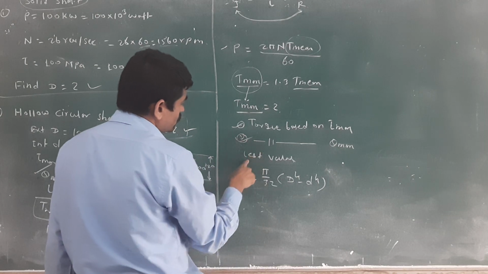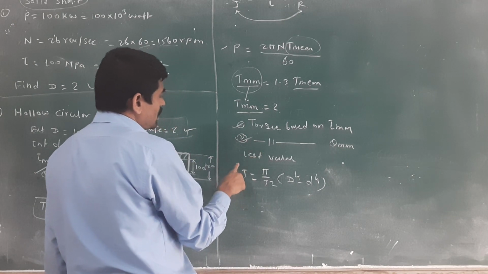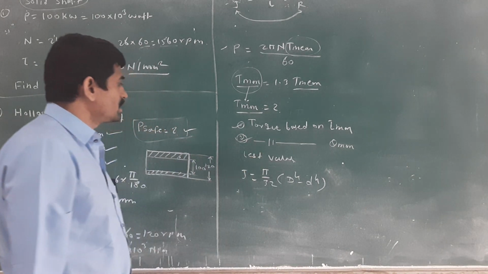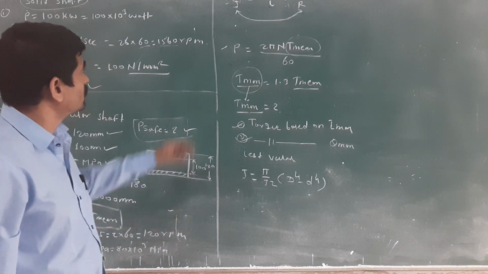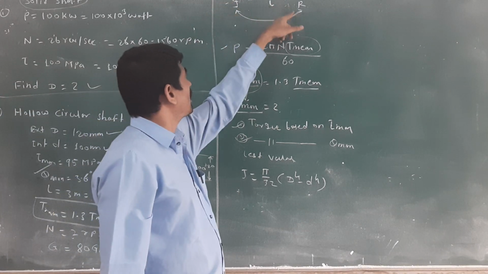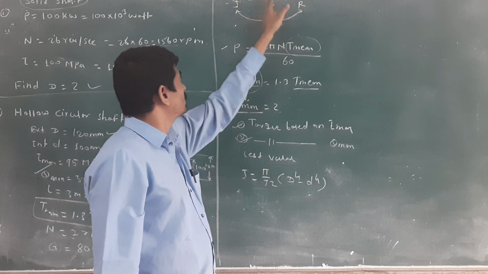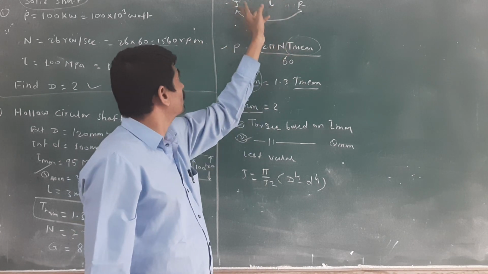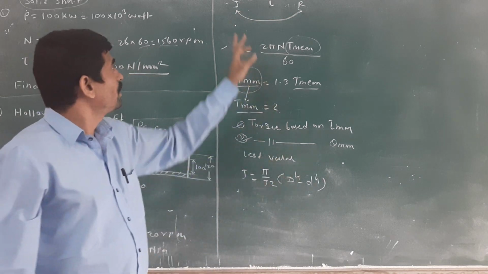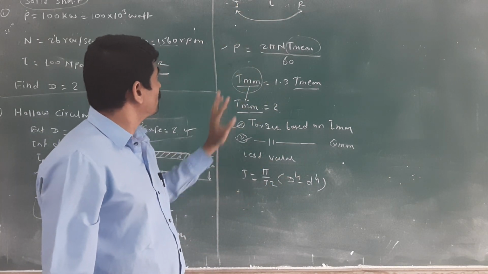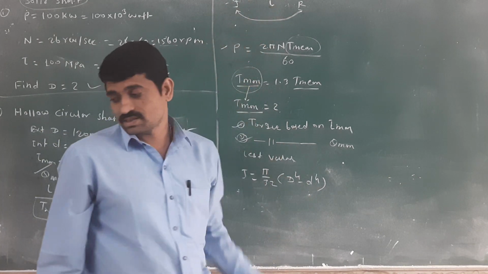You have to choose the least value, and before that we first want to calculate the J value, because T by J is equal to tau by R, and again in the formula T by J is equal to G theta by L, we require that J value. Other values are given.